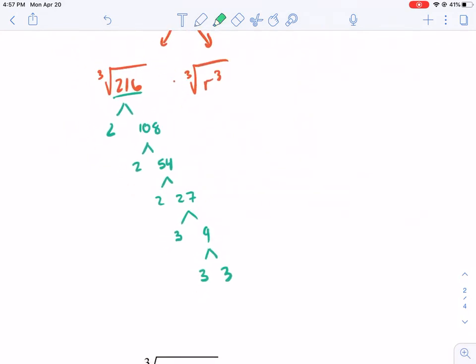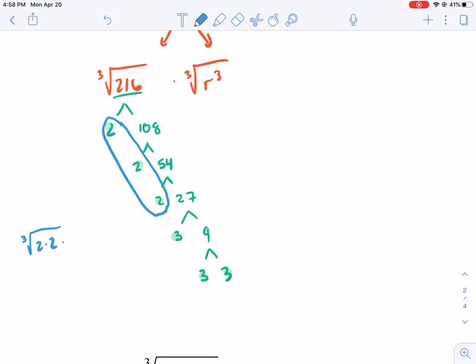Now we're going to look at these, and they are in fact all prime numbers. Because the index is 3, we're looking for the cube root. We're not going to be looking for pairs. You don't just have to have one date to leave the house. We need to have triples. We need to have 3 people to leave the house. Why is that? Well, if we're talking about cube roots, 4 is not a perfect cube. 2 times 2 is not a perfect cube.